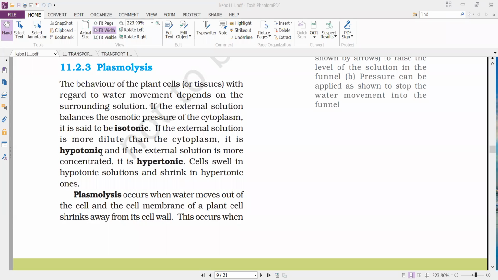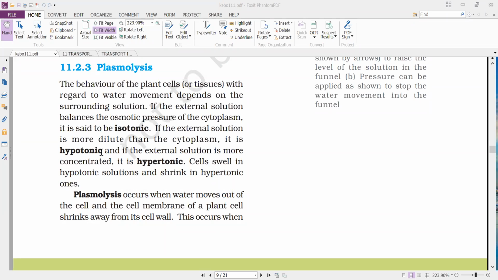For example, an animal cell has no cell wall, only the plasma membrane. Up to the point the elastic nature of the plasma membrane is maintained, the water will continuously enter.